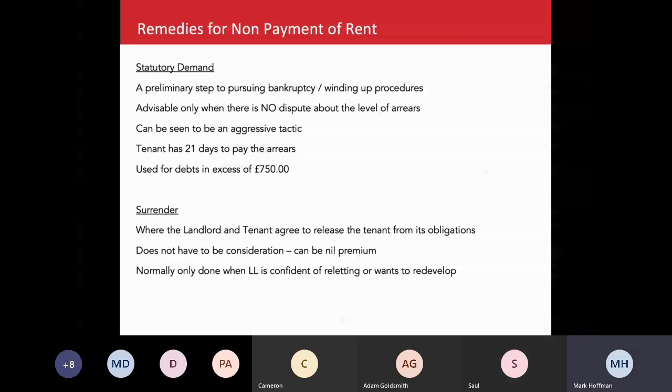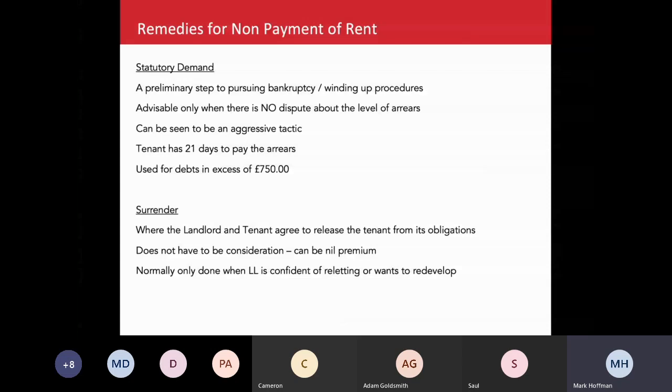What is the difference between surrender and forfeiture? A surrender is agreed between the parties. Yeah, okay. So yeah, I think that's a forfeiture of the unilateral. Yeah, that's a pretty good answer.